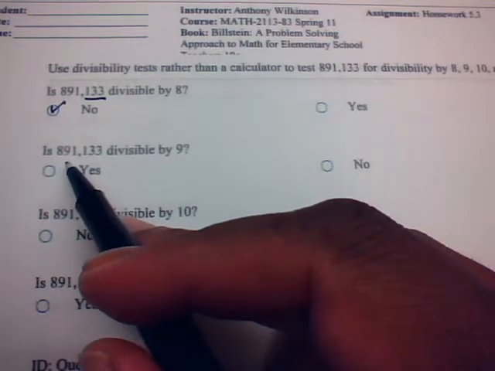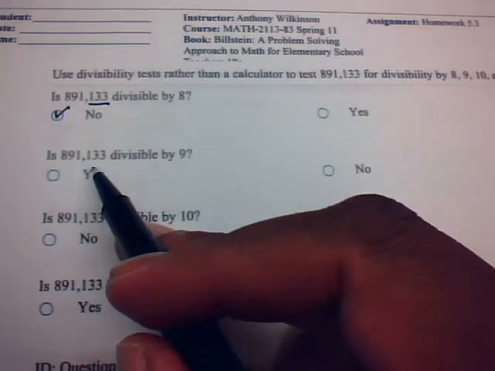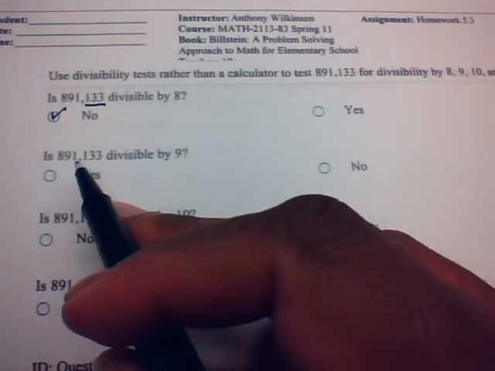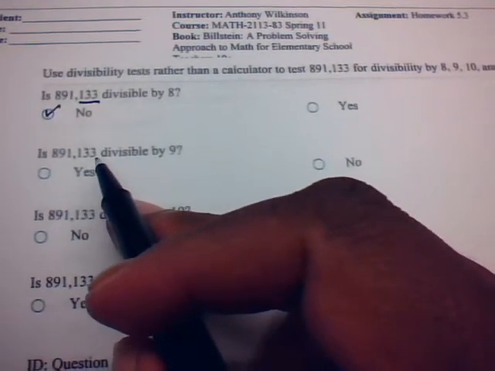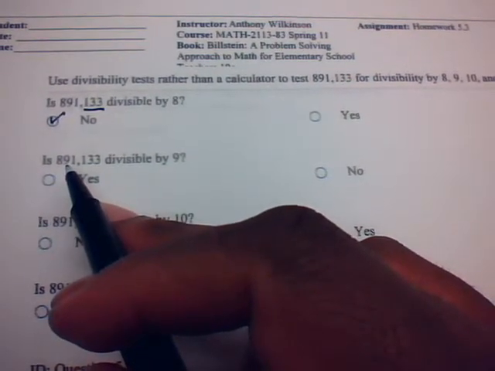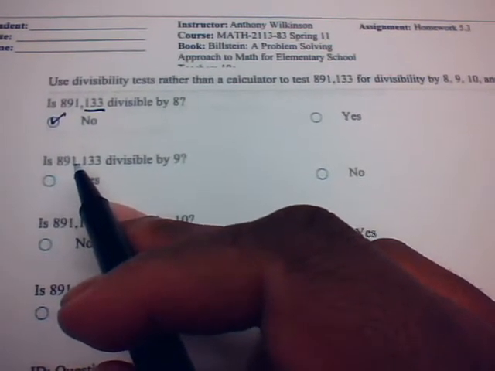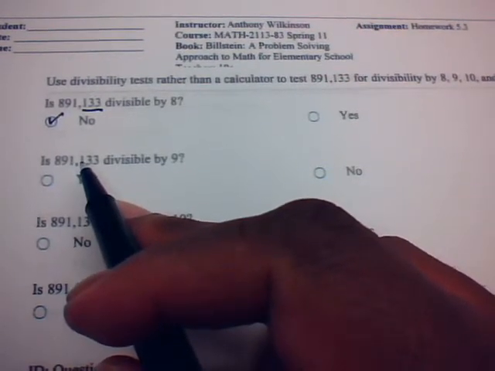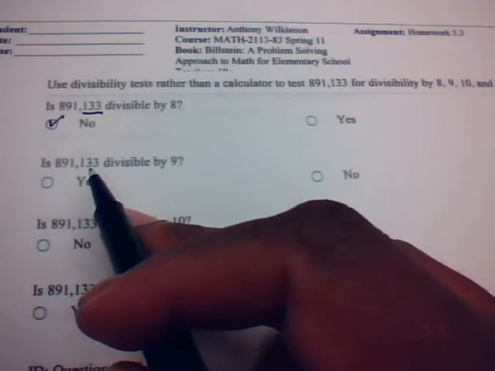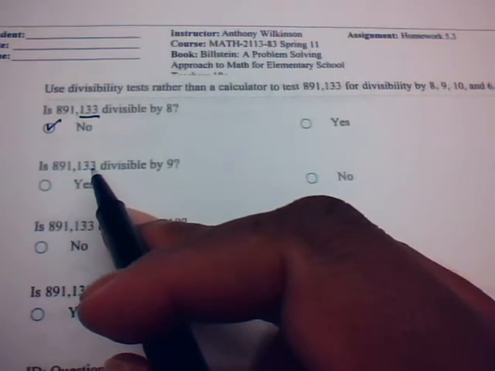Now, what about 9? Is 891,133 divisible by 9? Here the sum of the digits in 891,133 must be divisible by 9. So if I add 8 plus 9, that's going to be 17, plus 1 is 18, plus 1 is 19, plus 3 is 22, plus 3 is 25.